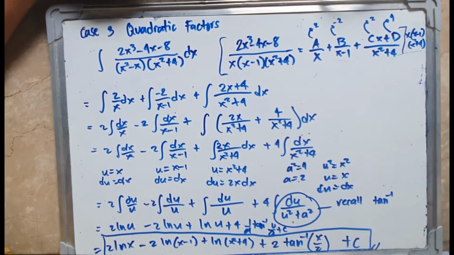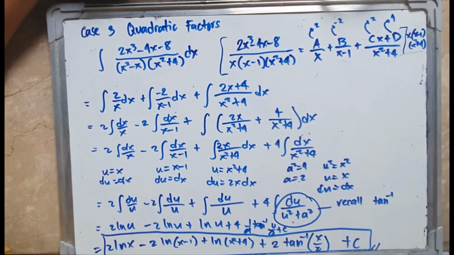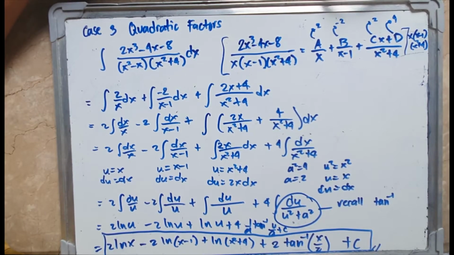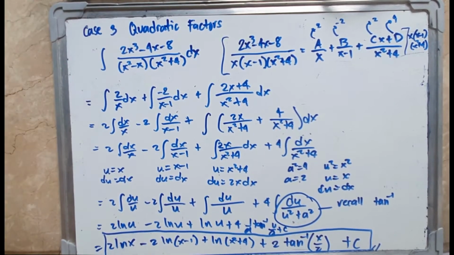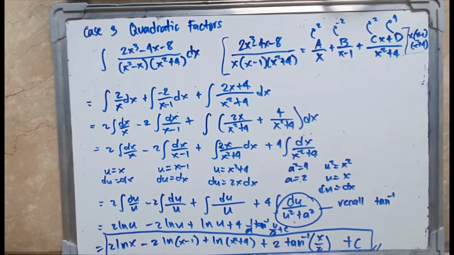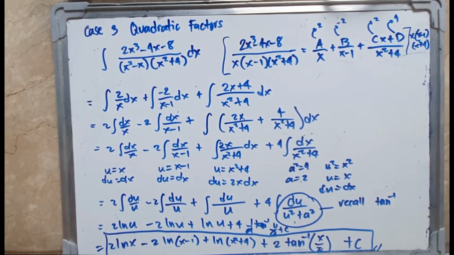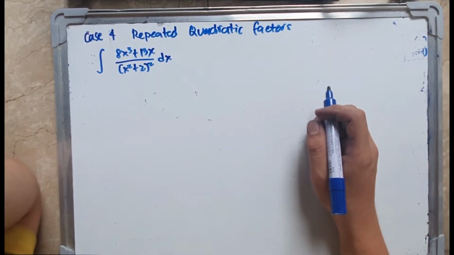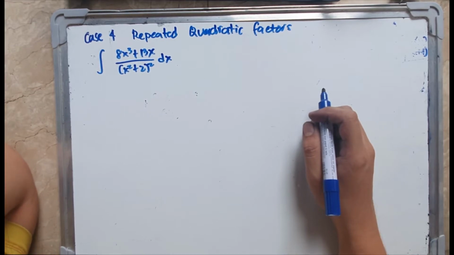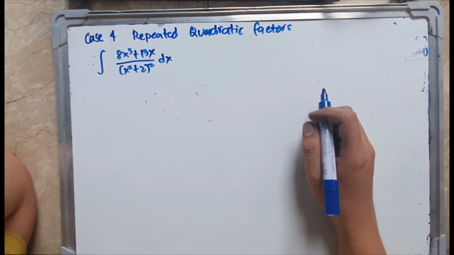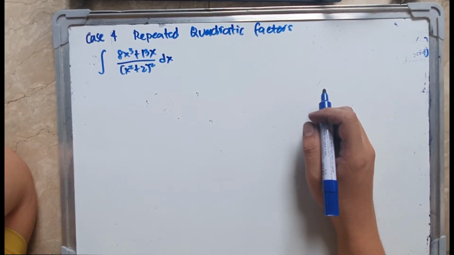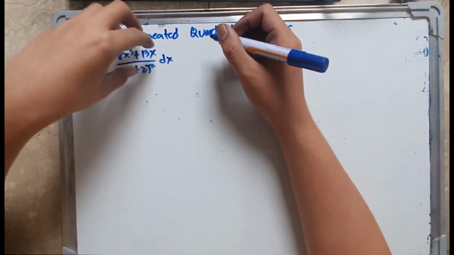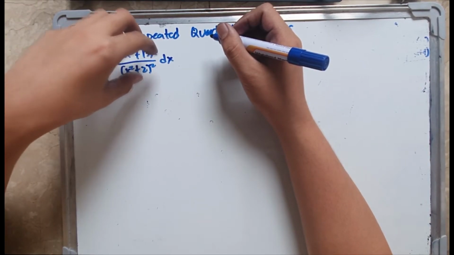Okay, next item. Let's solve for the quadratic factors, repeated. Case number 4. Let's have 8x cubed plus 13x over the quantity x squared plus 2 raised to the power of 2. So let's take the algebraic expression or the rational function.